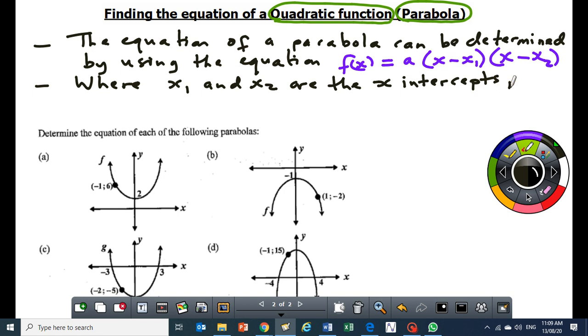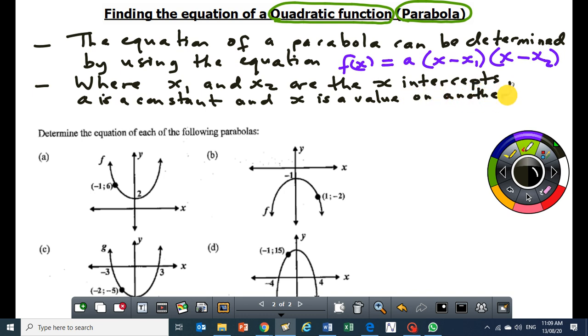Okay? A is a constant, and x is a value on another point along the graph.